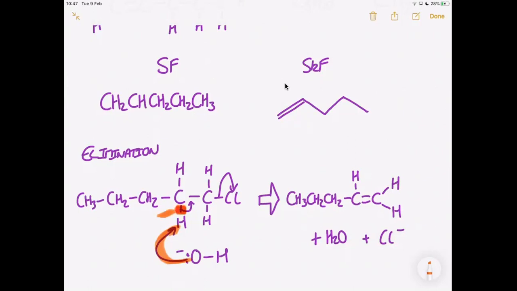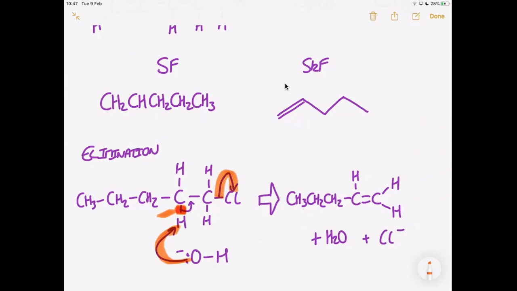At the same time, we get the removal of the chlorine, and because it takes a pair of electrons with it, it leaves as a chloride ion, because it now has 1 extra electron that it didn't contribute originally.